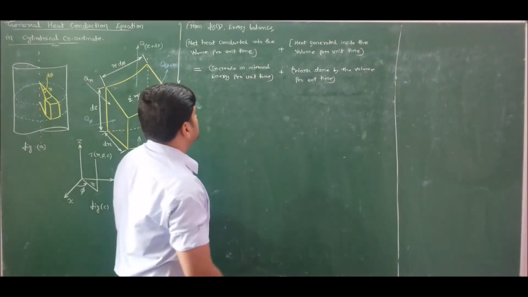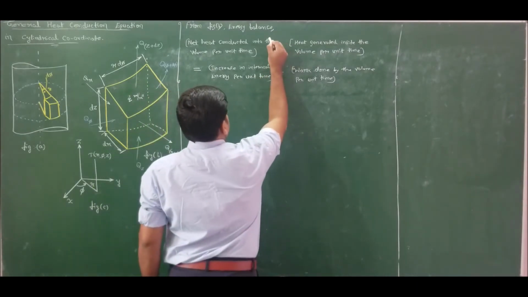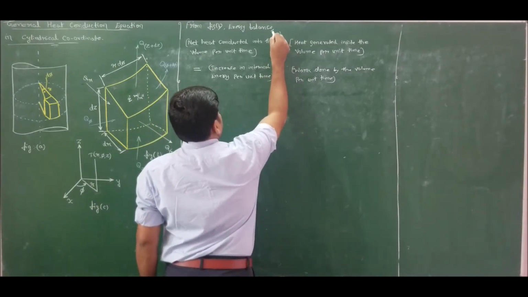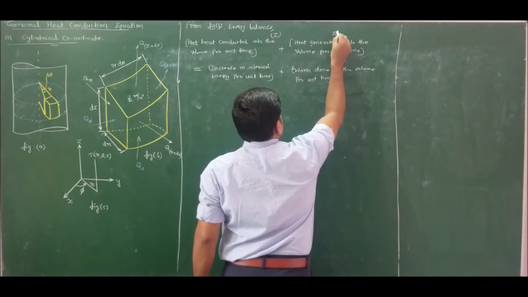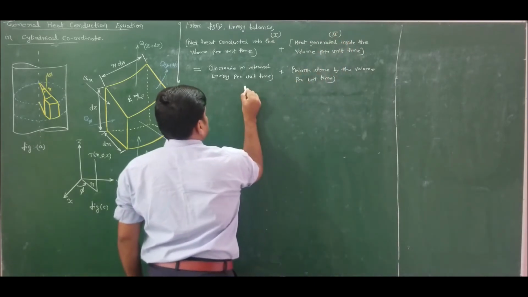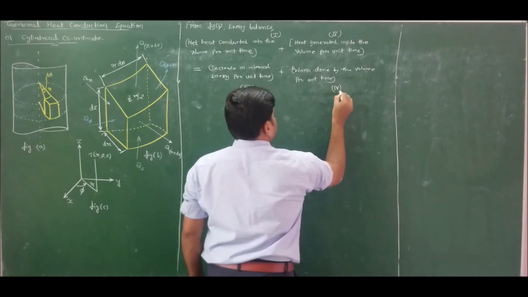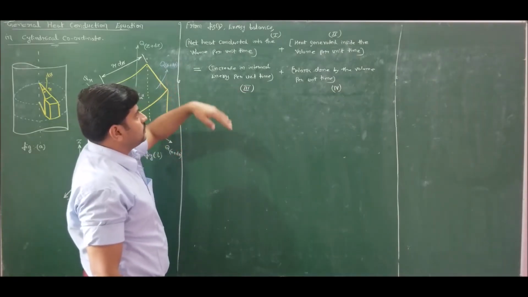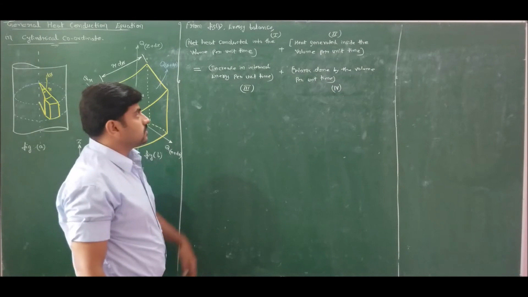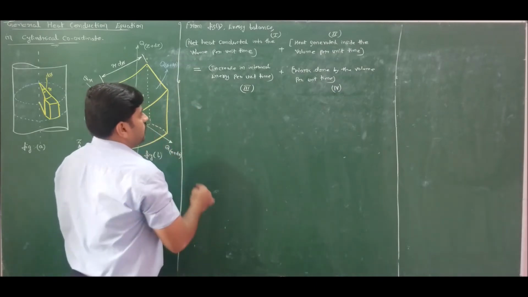This is from the energy balance. Let me take this as first term, this as second term, this as third term, and this as fourth term. The sum of the first and second terms should be equal to the sum of the third and fourth terms. Let us analyze the terms one by one.